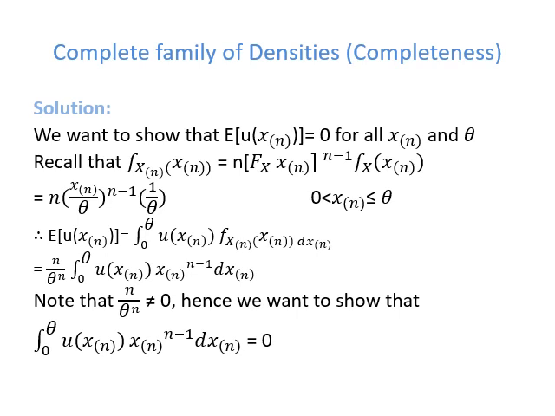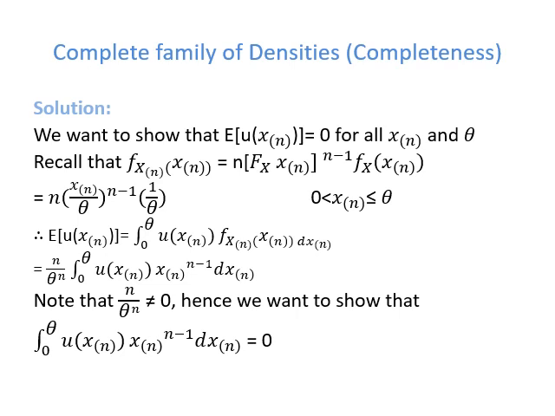So now we want to evaluate the expected value of u of Xn. Notice here that Xn is a continuous random variable, so we need to know its probability density function in order to be able to evaluate this expectation.